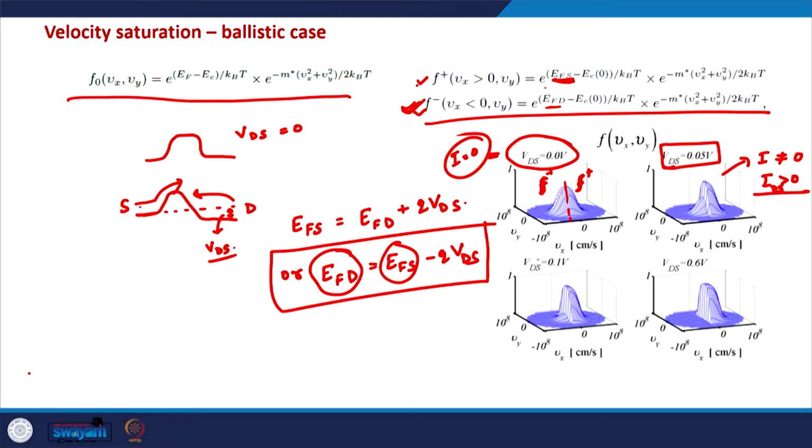So that's why this F plus will be larger as compared to F minus, and this is what we see in this VDS is equal to 0.1 volts plot as well.